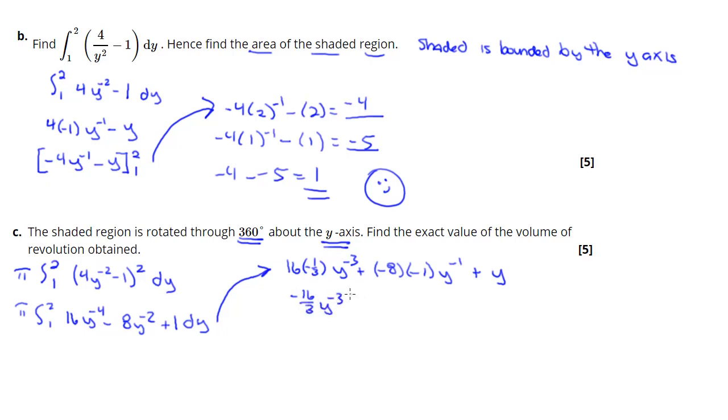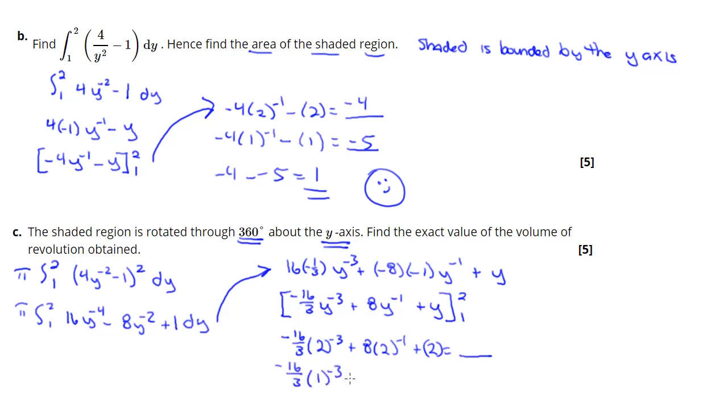So all I've got to do is rewrite this by simplifying my terms. That's going to be my integral function. I'm going to put a 2 in there and a 1 in there. I'm going to make sure that I substitute in the 2 and the 1, and then I'm going to multiply those answers by pi, and then all I've got to do is subtract them.